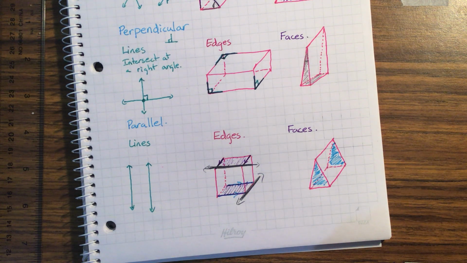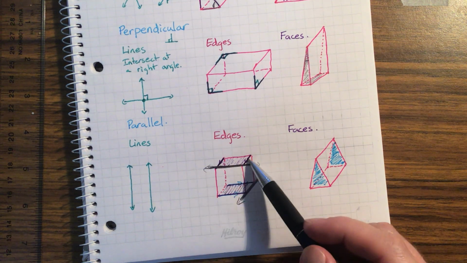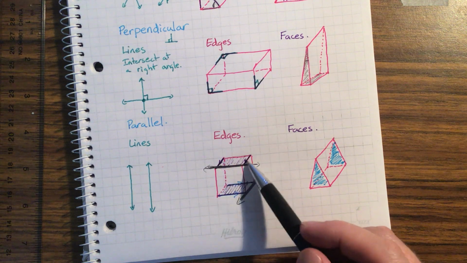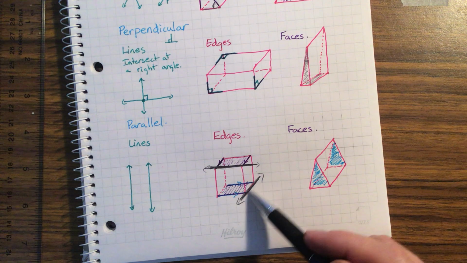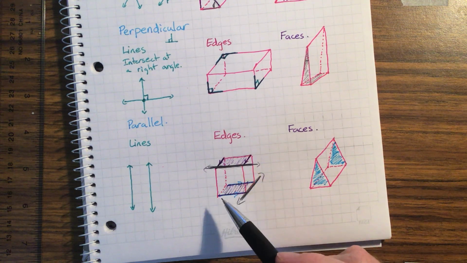Well, they'll never meet, will they? But we don't consider them to be parallel because they're not on the same plane. Parallel edges have to be a part of the same face to be considered parallel. These two are not on the same plane.